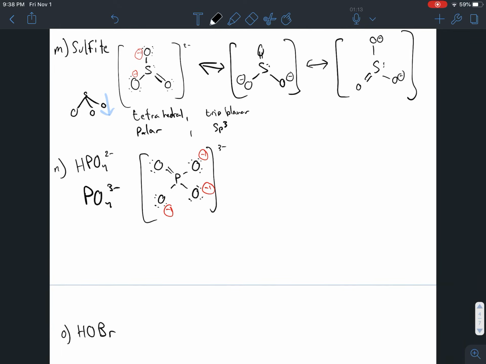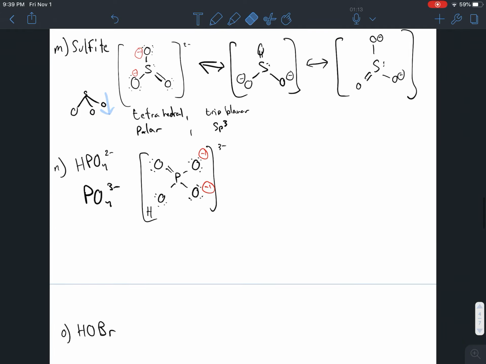But we forgot to add hydrogen, so let's add hydrogen right now to that one right there. The electrons all add up, if you don't believe me, right there. So that's hydrogen. So now that is 2 minus.